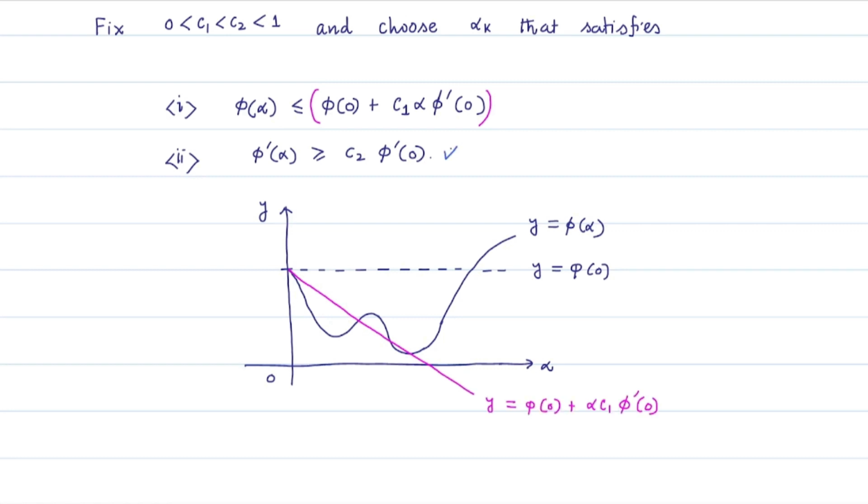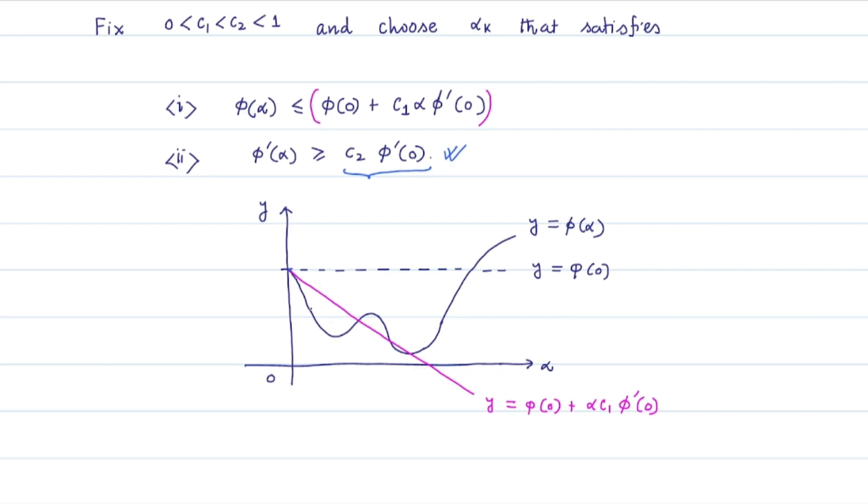Now for the curvature condition to be satisfied, we need to find those alpha values at which the slope of the tangent on the graph y equals phi alpha is bigger than the quantity C2 times phi dash 0. The slope of this pink line is C1 times phi dash 0. The slope of the tangent line is phi dash 0.